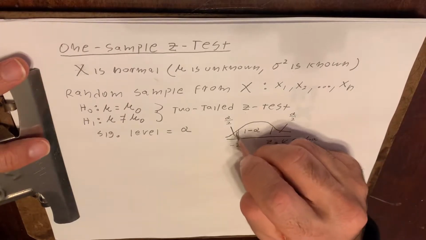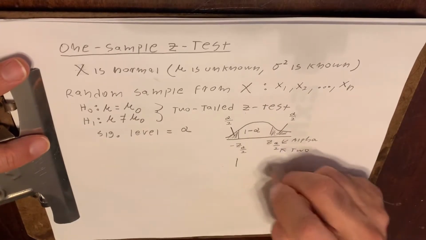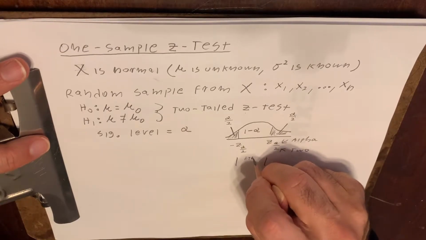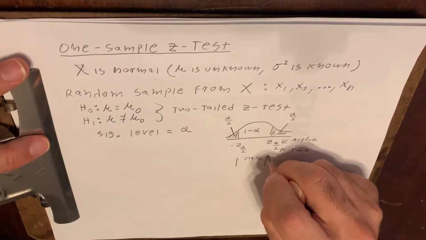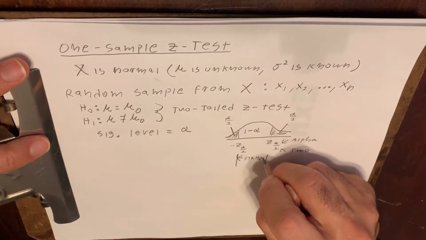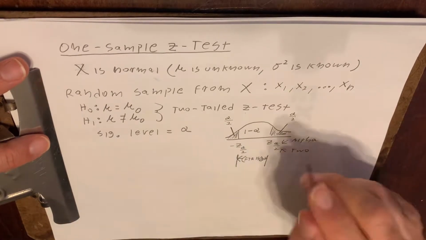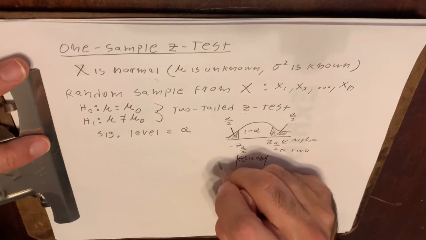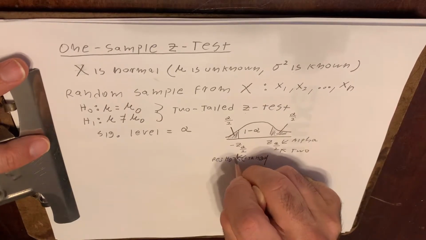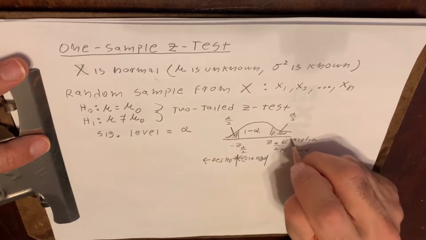So what we're doing here is, here we fail to reject the null hypothesis. And here, in this region, we reject the null hypothesis. I can make this a little bigger, but not too much.